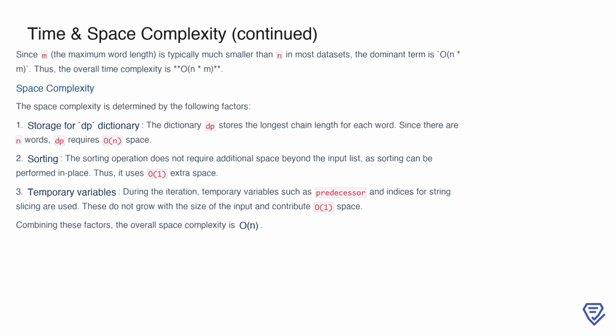For space complexity, the dp dictionary, which stores the longest chain length for each word, requires O(n) space since there are n words. The sorting process is done in place, so it uses O(1) extra space. Additionally, temporary variables used during iteration, such as predecessor and string slicing indices, contribute only O(1) space. Combining these factors, the overall space complexity is O(n).